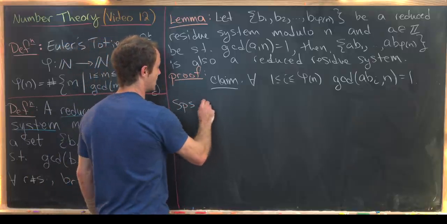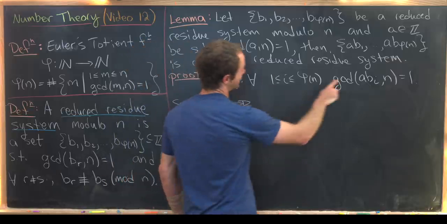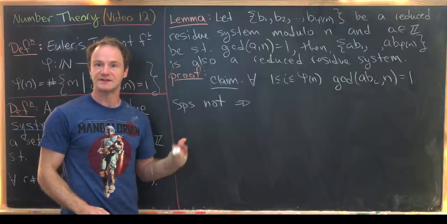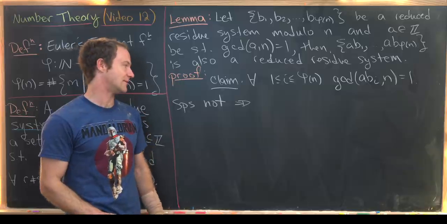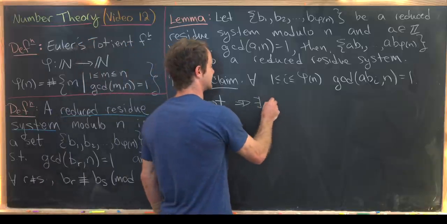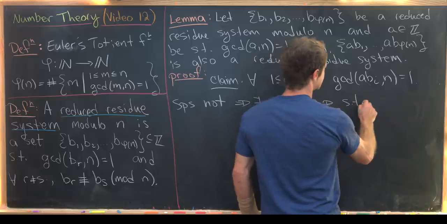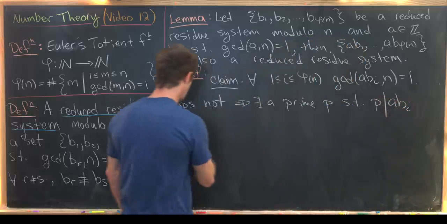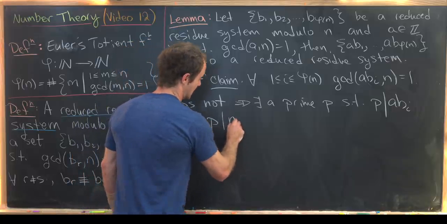So let's suppose not. Then the GCD of these two numbers is bigger than 1. But if it's bigger than 1, then that GCD has some prime divisor. So let's say there exists a prime, we'll call it p, such that p divides a times b_i and p divides n.